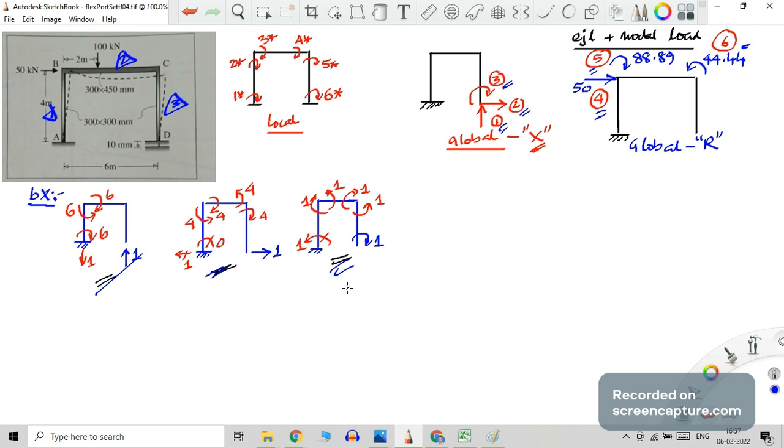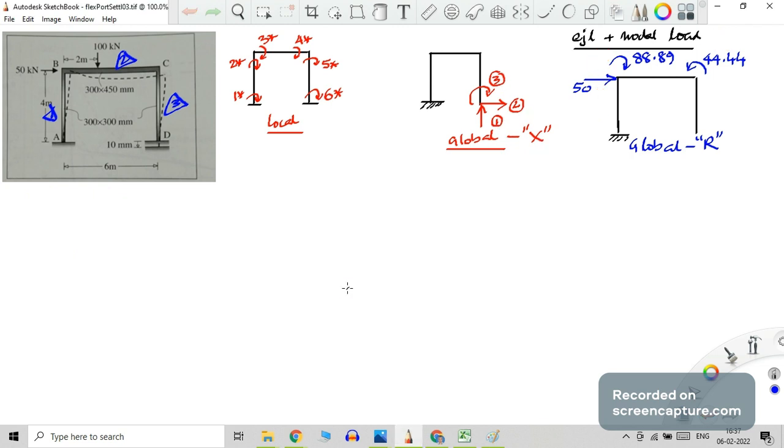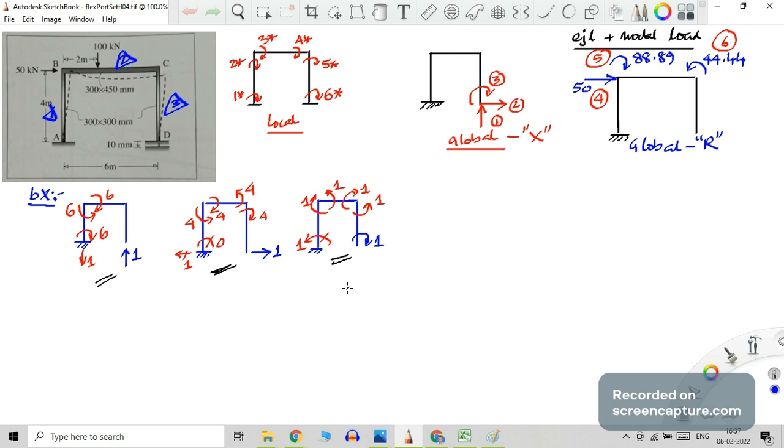Now it is shown. Now the equilibration. All you need to do is simply equilibration. That is the only task, so it can be easily done. Just a minute.